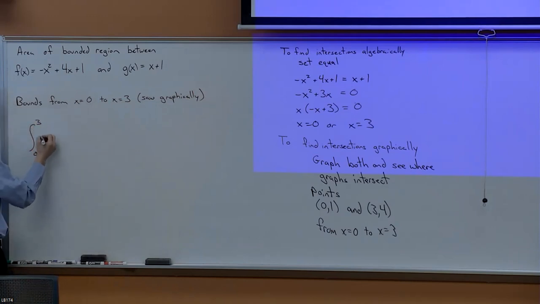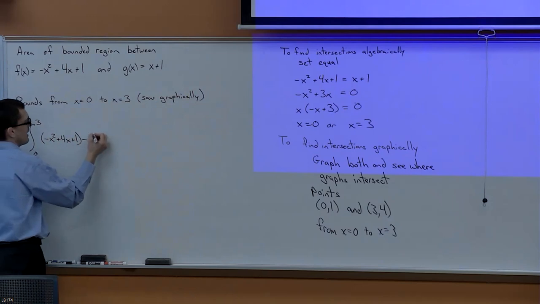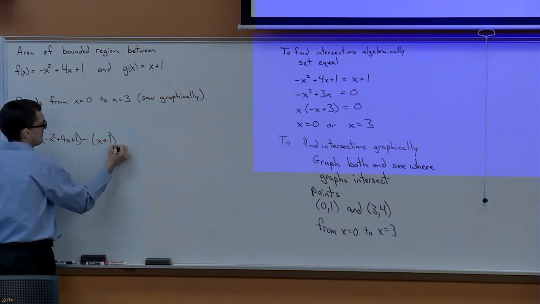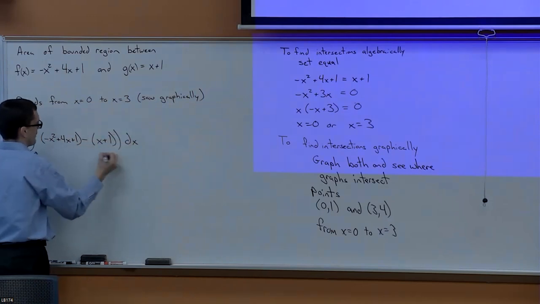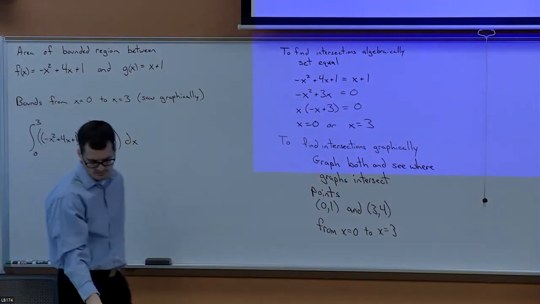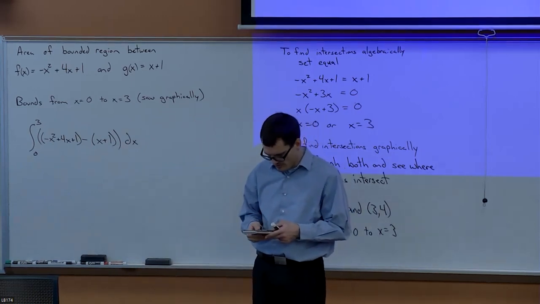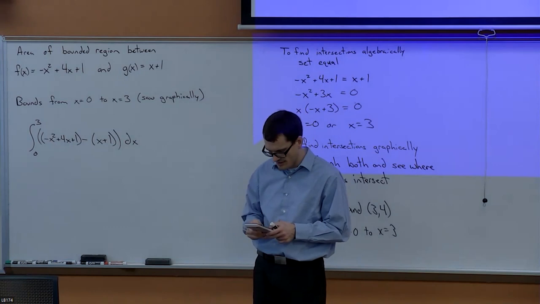Integrate from 0 to 3. The one on top is negative x squared plus 4x plus 1. The one on bottom is x plus 1. We're integrating all of that with respect to x. And just like we did before, we'll type that into our calculator.